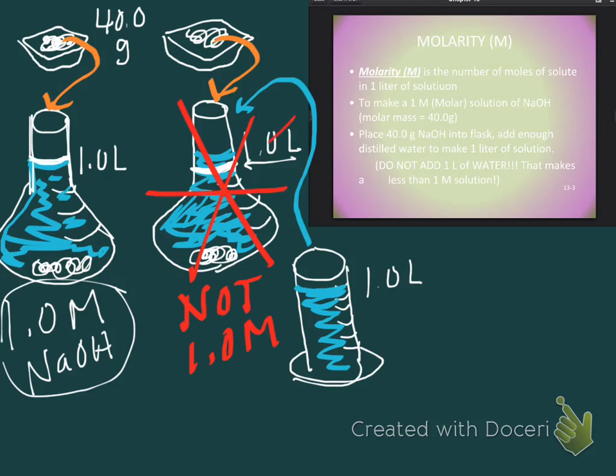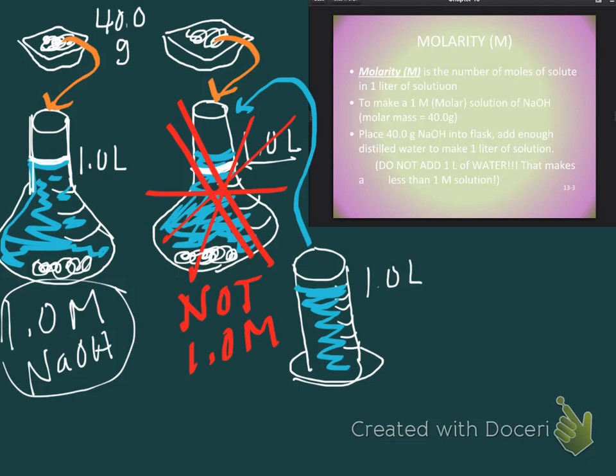Do not do that. Terrible idea. So why do we end up there with more than 1 liter of solution? Because the 40 grams of sodium hydroxide take up some space. They take up some volume. So if we add 1 liter of water, we end up with a total volume of solution that's more than 1 liter.